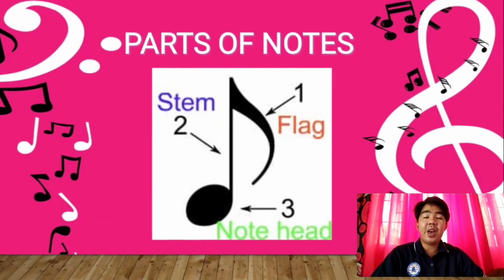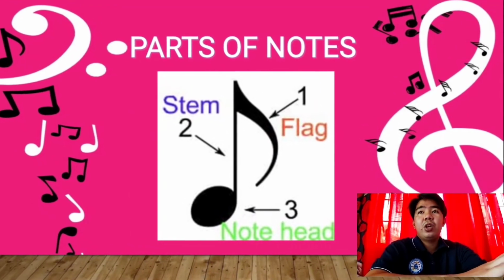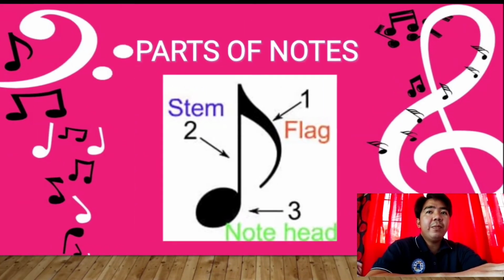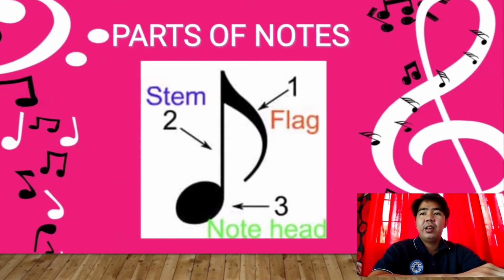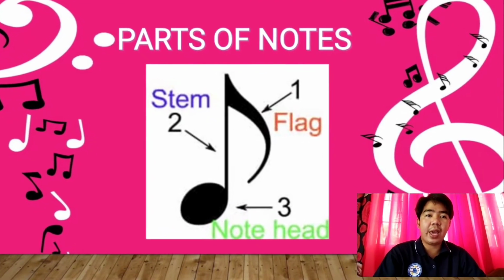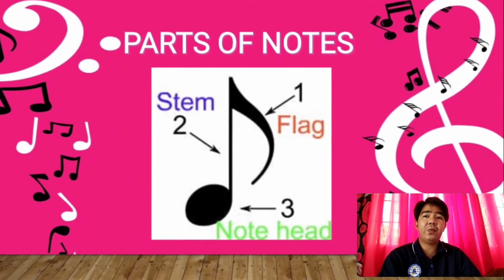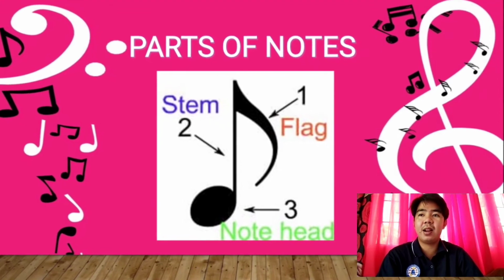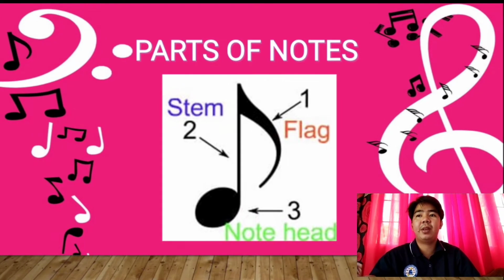Next, we have the parts of a note. The different parts of a note show us how long or short the note is. The different parts are the head, the stem, and the flag. As you can see on the chart above, longer notes are wide. The longest, the whole note, which lasts for 4 beats, is the simplest, only a wide oval. The half note, or 2 beats, adds a stem.